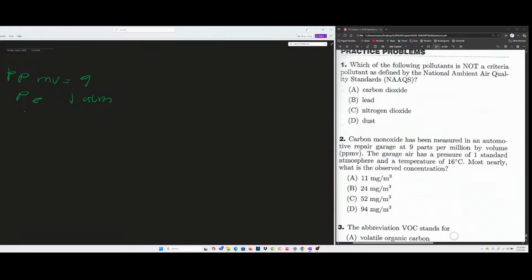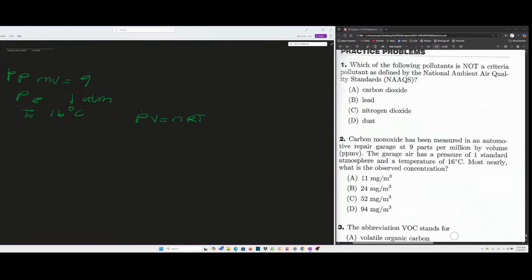And they gave us the temperature as 16 degrees Celsius. So once we have this, what's the first thing that goes to my head? The ideal gas law, which is PV equals nRT.